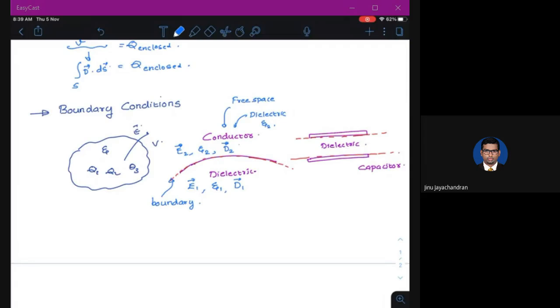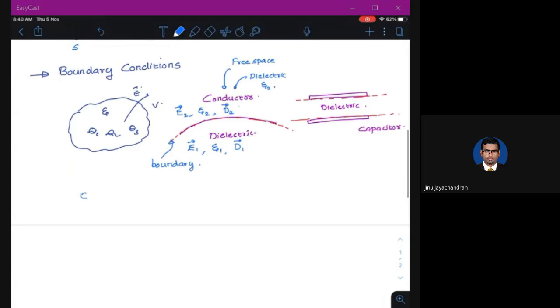So what happens to the electric field, the electric flux density, when you cross the boundary? Or how will you relate E1 and E2? How will you relate? Is there a relation? Or how will you relate D1 and D2? Is there any relation?